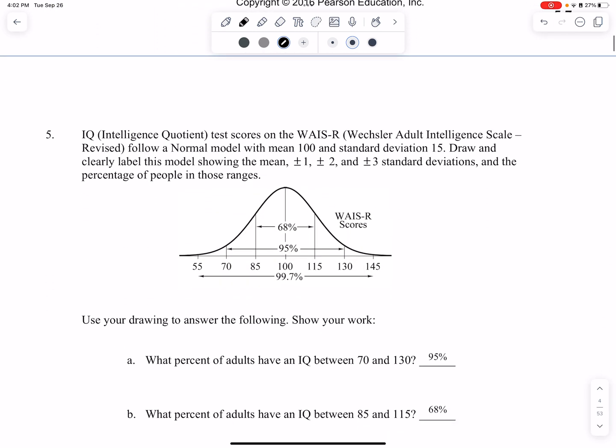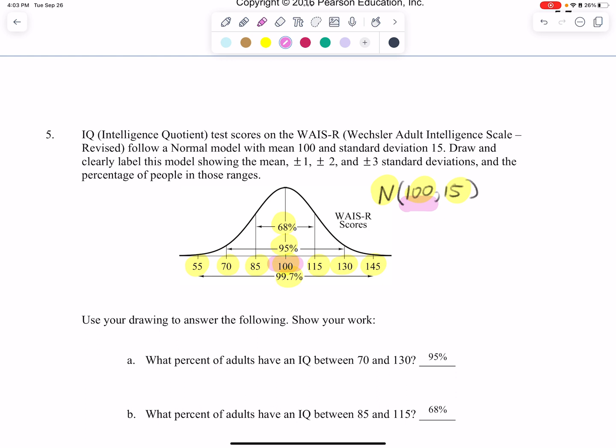So this is how you're going to want to label the 1, 2, 3 standard deviations. You're also going to put normal model. This would have been 100, 15. This is how it's going to be scored on your test, where you have 13 points. Remember, the 100 is right here in the middle.